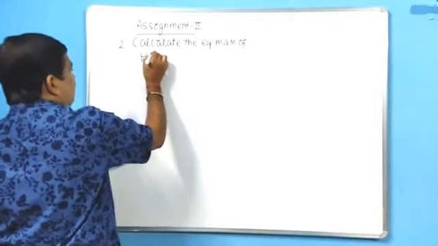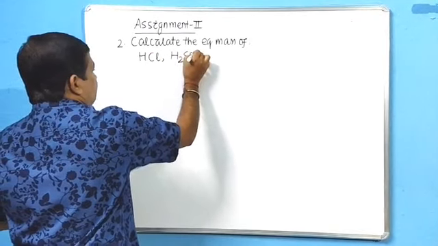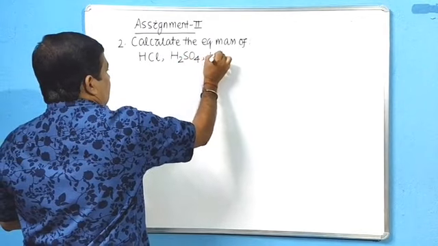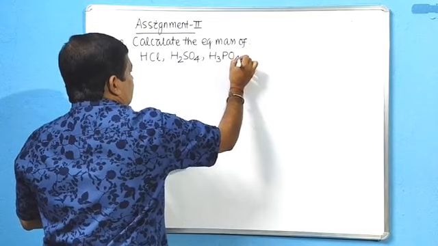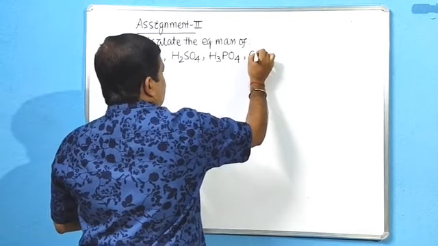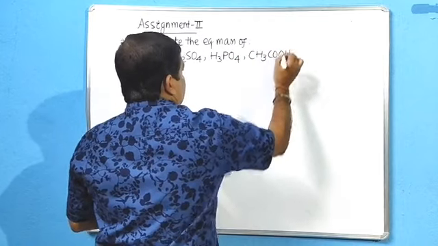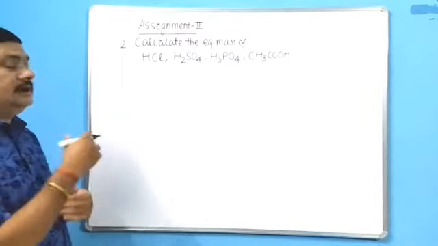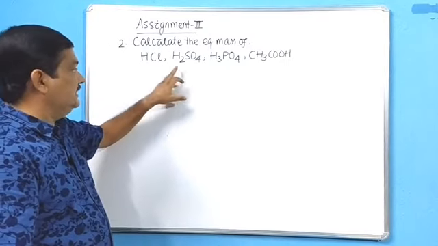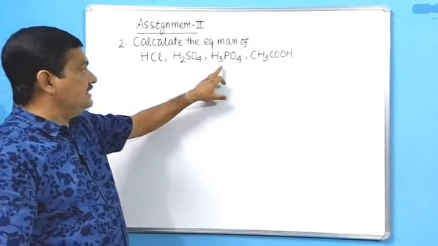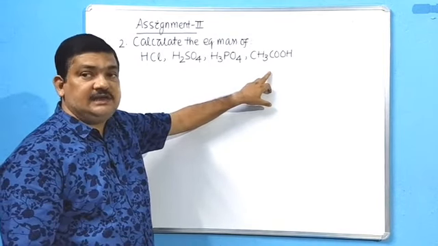Commonly HCl, hydrochloric acid, H2SO4, sulfuric acid, H3PO4, phosphoric acid, and acetic acid, CH3COOH. So I have given you 4 different acids to calculate the equivalent mass of: HCl, H2SO4, H3PO4, and CH3COOH.